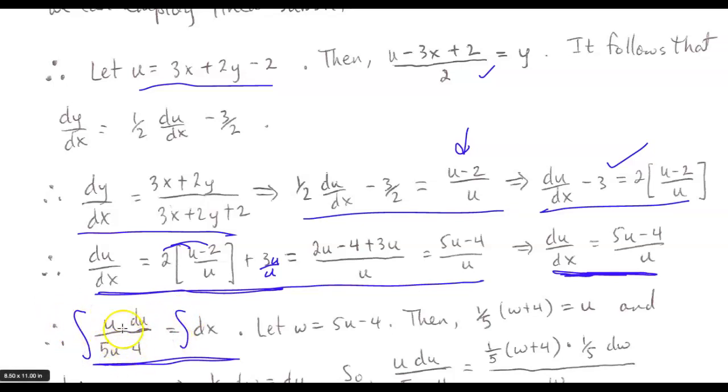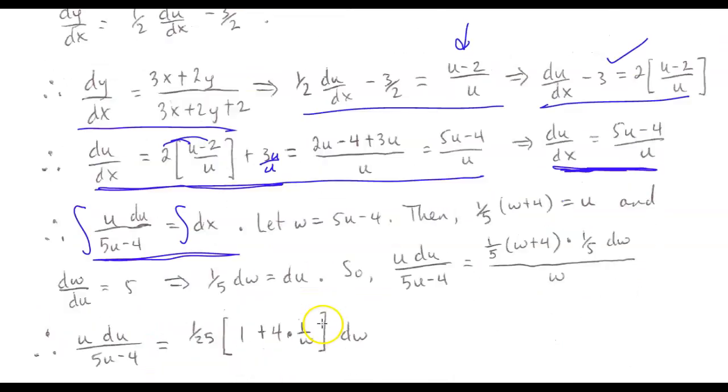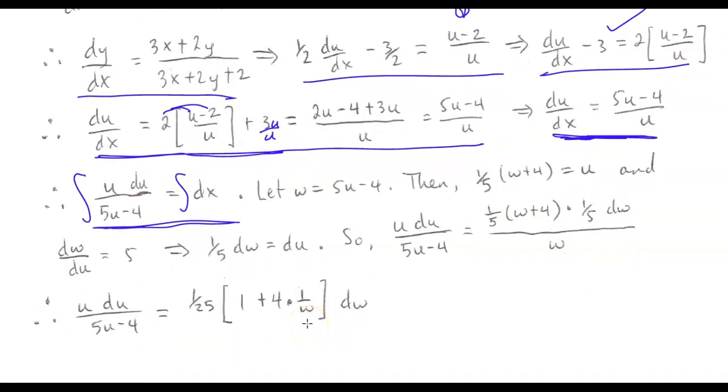And of course, on the left-hand side, we could use substitution rule to be able to do that. So here we let w equal 5u minus 4, and then of course do the business that we need to be able to rewrite the left-hand side integrand here in terms of w.